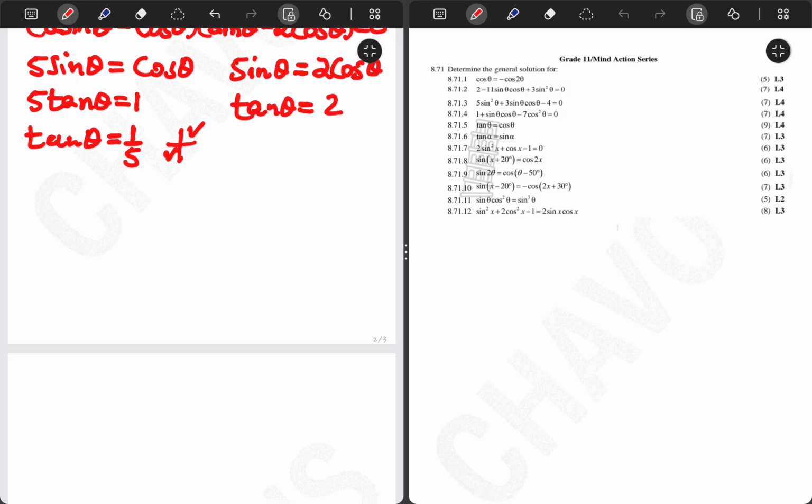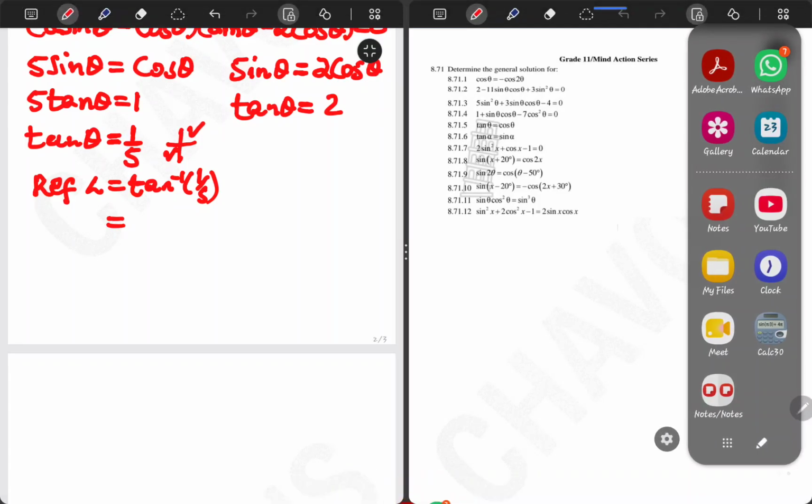So for tan, we can go for one quadrant where the angle will be smaller than the period. Look here, quadrant number 1. Firstly, we can look for the reference angle. That should be tan inverse of 1/5. We need the calculator now.